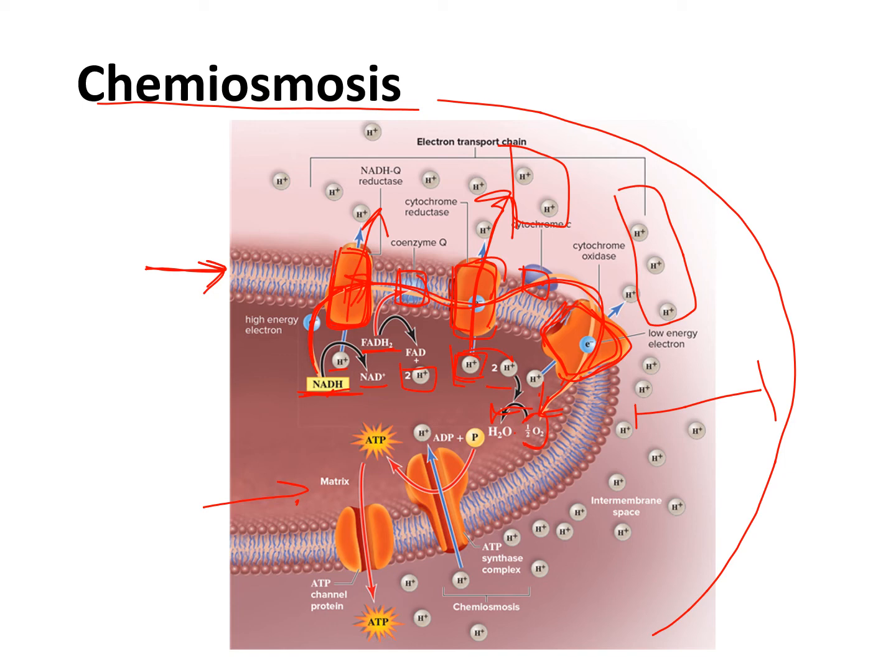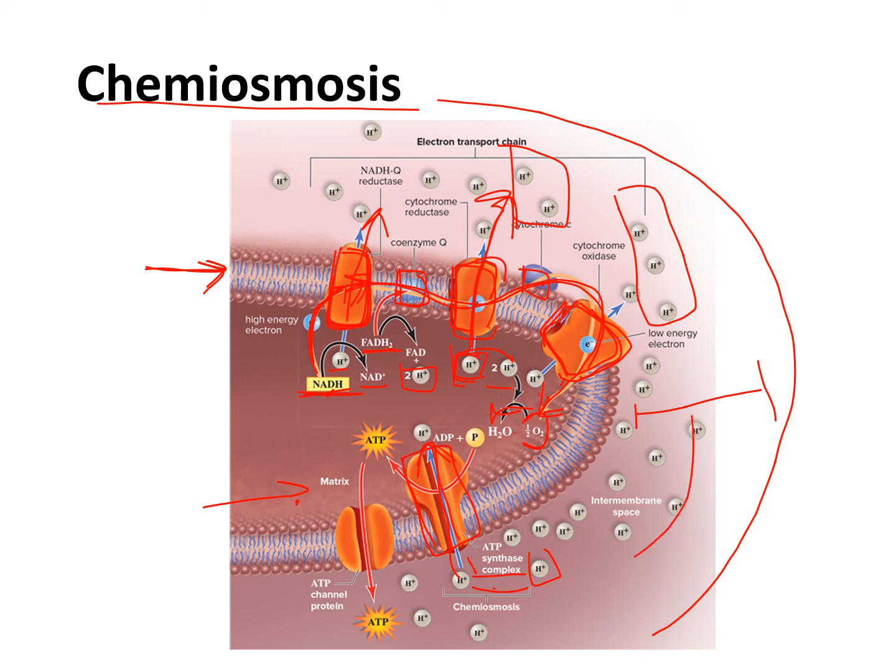Now, to produce ATP, that involves the ATP synthase. So this is the ATP synthase, and the ATP synthase is going to allow passive transport of these hydrogen ions through the membrane. So part of the ATP synthase acts as a channel, and it will allow passive transport of the hydrogen ions back through the membrane.